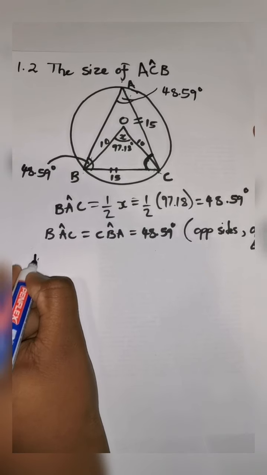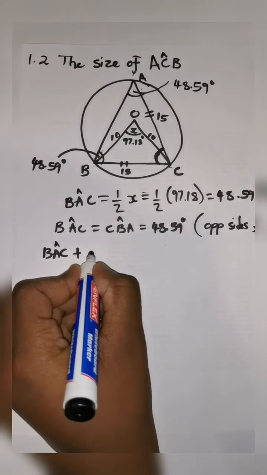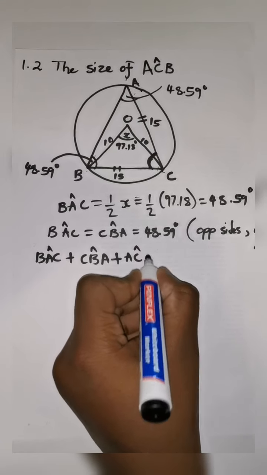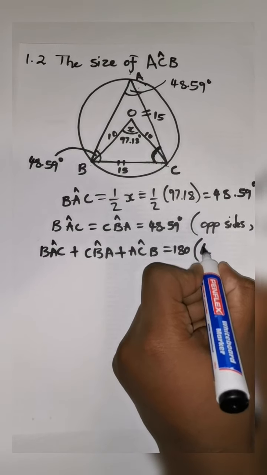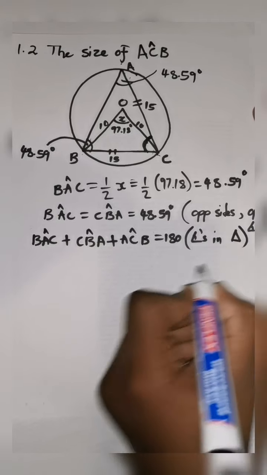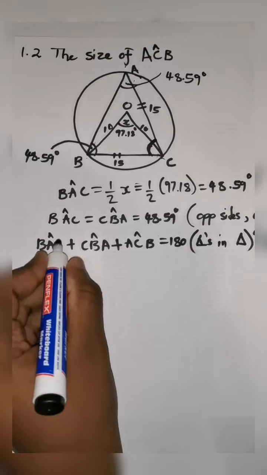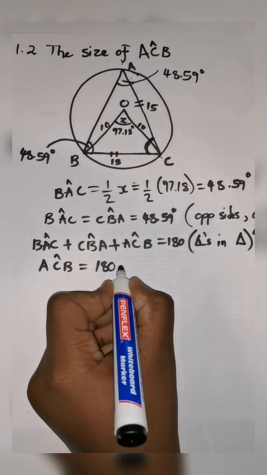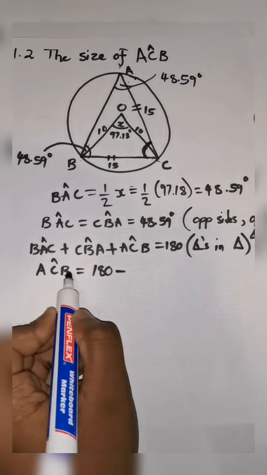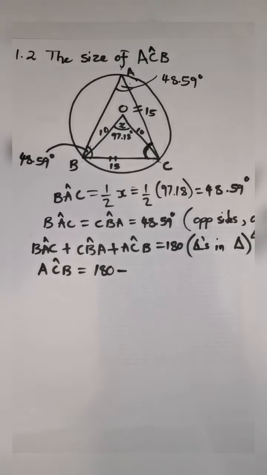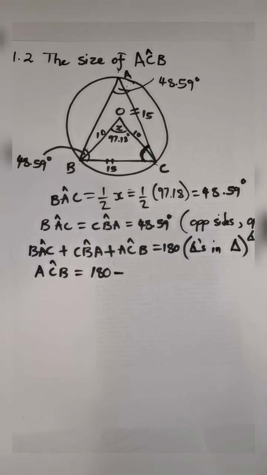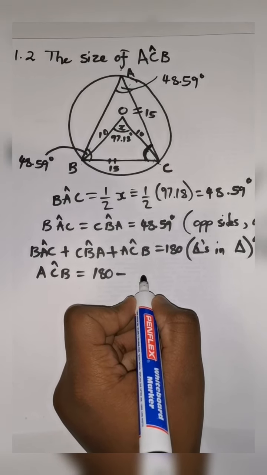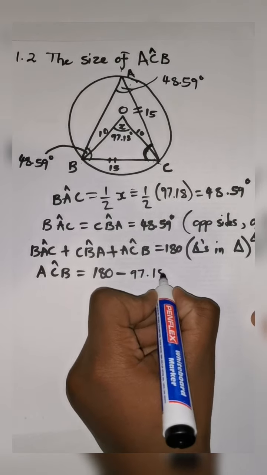So angle ACB: 48.59 plus 48.59, adding these two angles gives us 97.18.